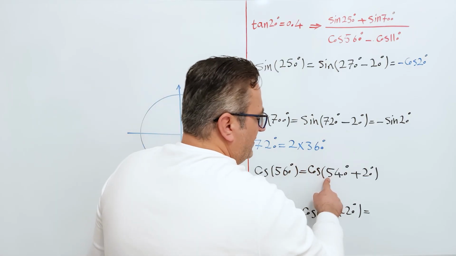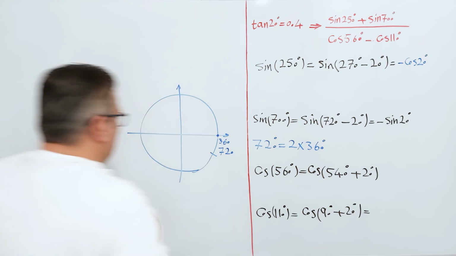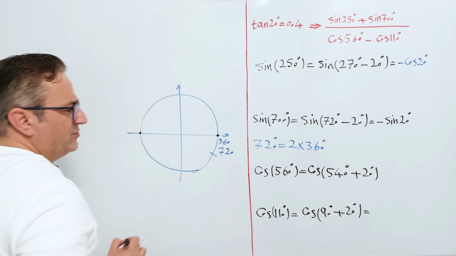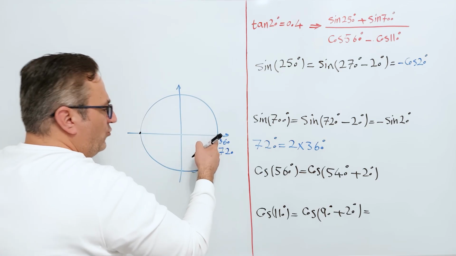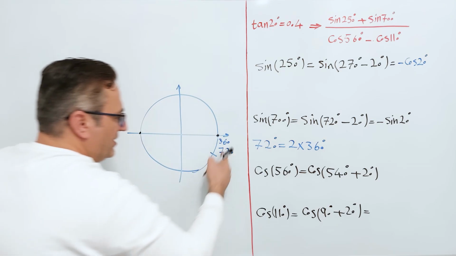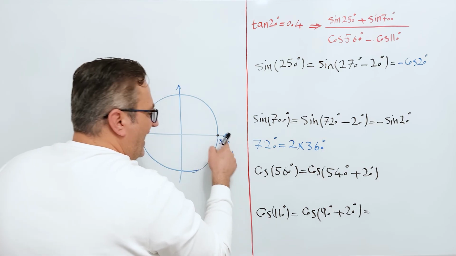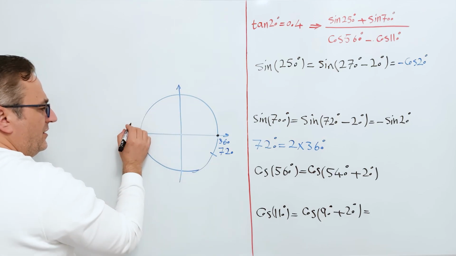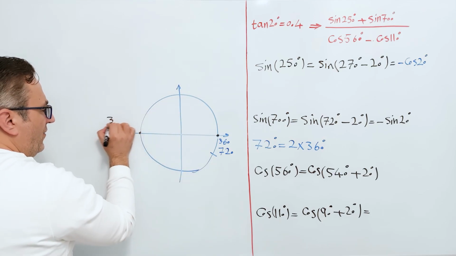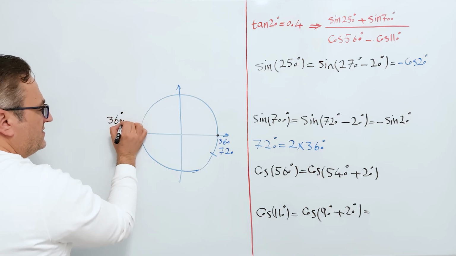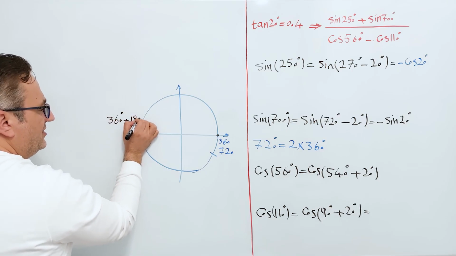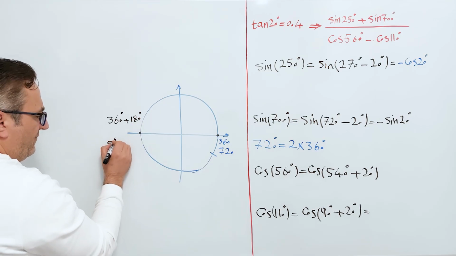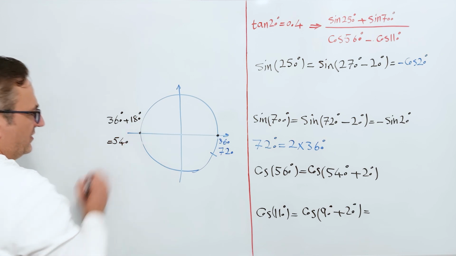Okay, and cosine of 540 degrees is here, because here is the 0 point, and when we move counterclockwise we reach 360 degrees, and keep moving counterclockwise we reach here, it means 360 degrees plus 180 degrees, which is equal to 540 degrees.